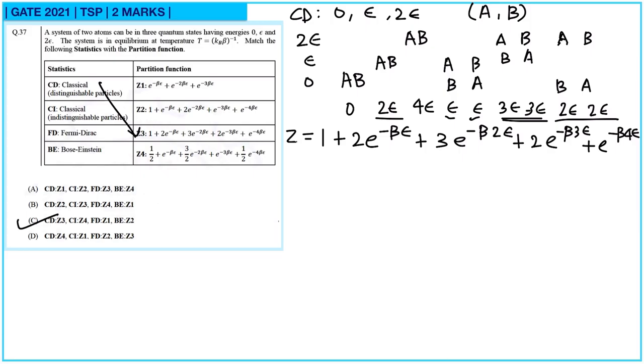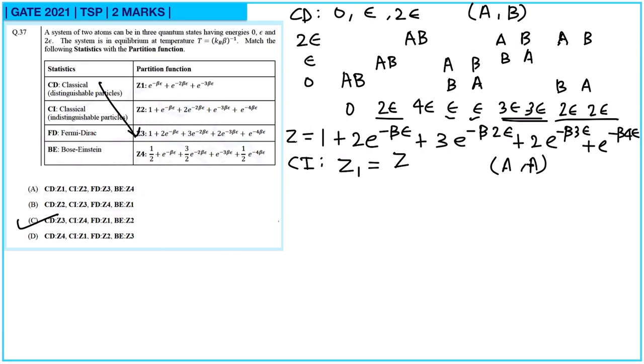We can also check for others. So next one is classical particles, indistinguishable particles. So for those, this Z1 is equal to simply Z upon, these are two particles, so that means this AB are not differentiable. So those particles will be simply AA, and they are classical particles.